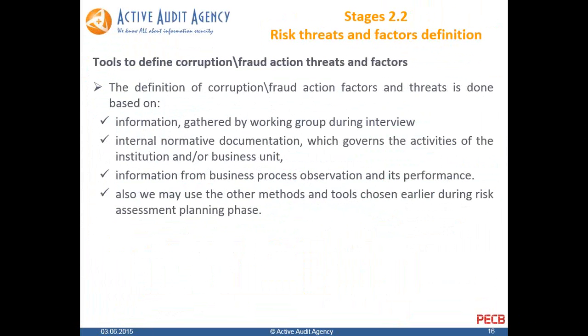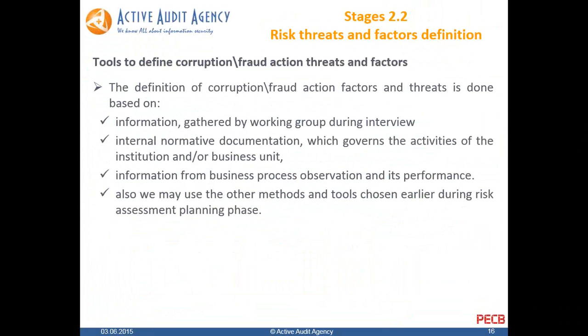And when we know and understand all functions and processes of the organization, we can define corruption and fraud action threats and factors based on information that the working group gets during interviews, internal documentation which regulates activities of the organization or business unit, and information from business process observation and its performance.